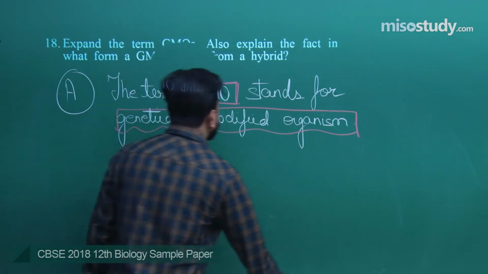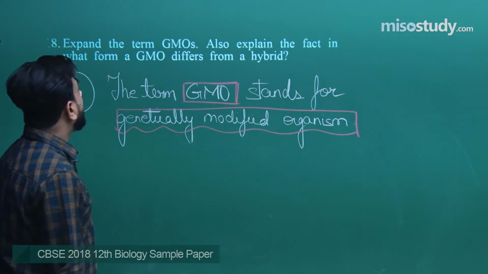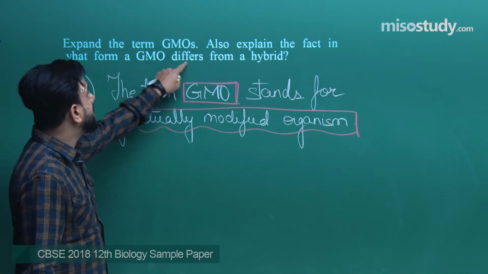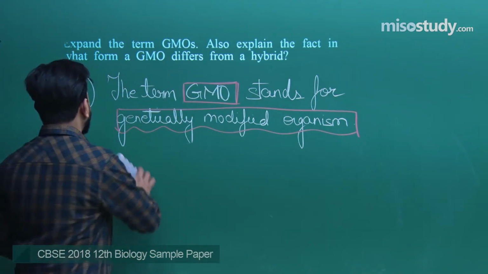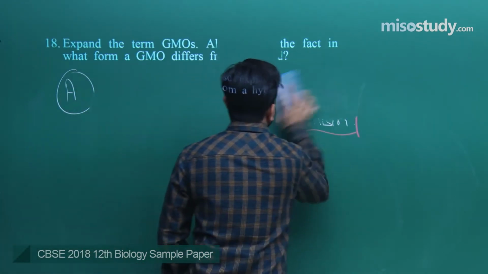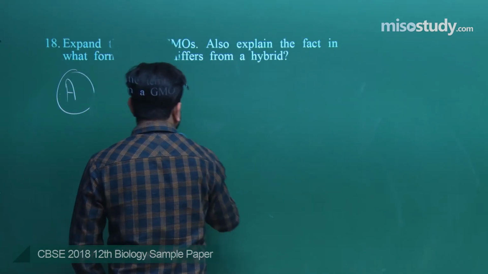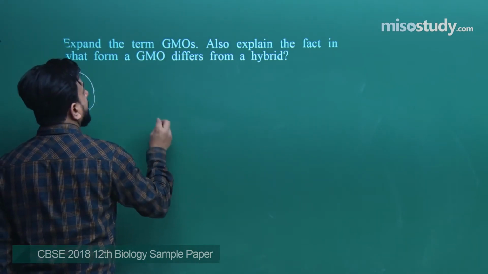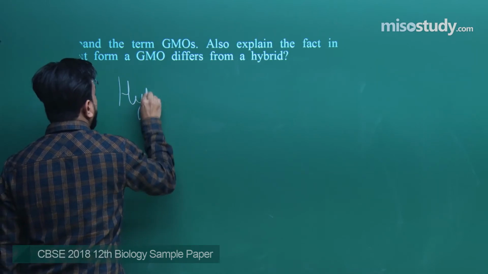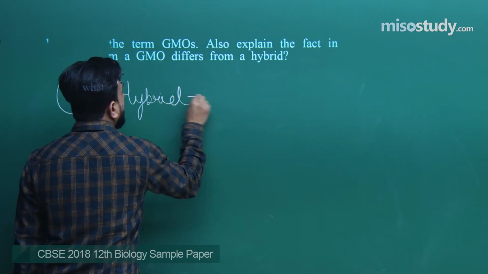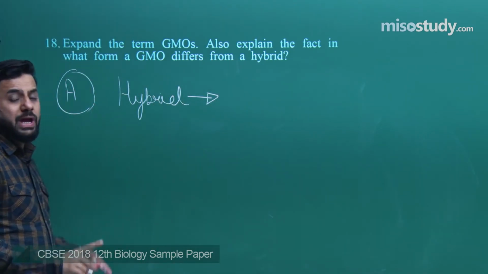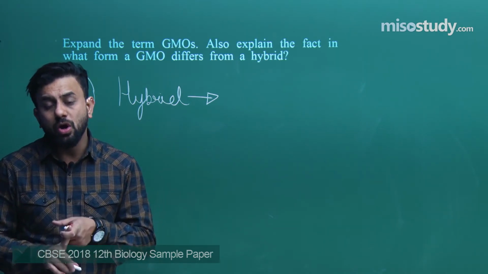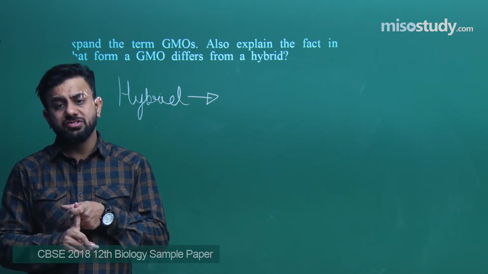Now we will see the second part of the question. Also explain in what form a GMO differs from a hybrid. Let us talk about the hybrid now. In a hybrid, we are crossing two species or strains.